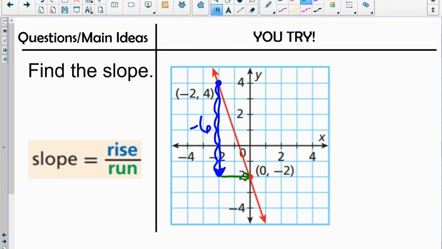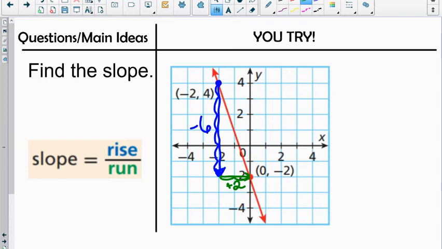Now, what's the run? Well, the run is the horizontal change, and I was going from left to right. So if I'm moving to the right, that's a positive value. So the run should be +2.